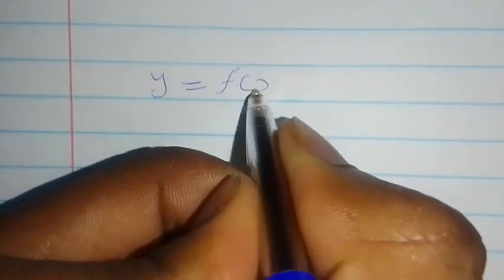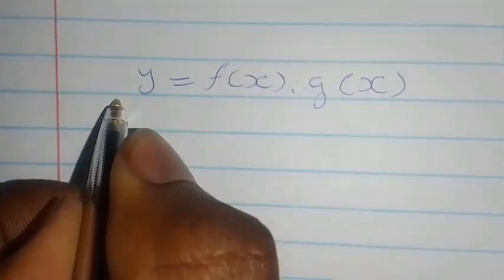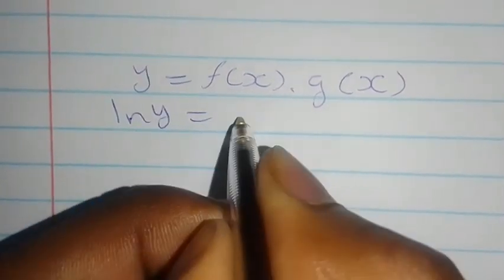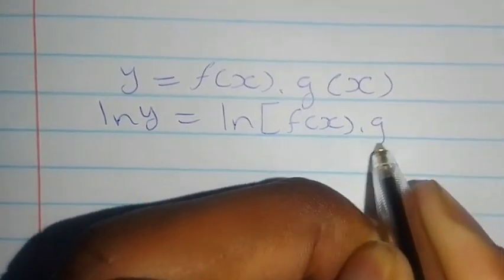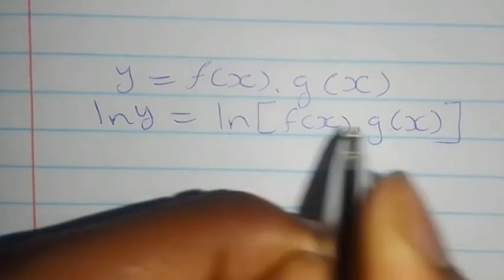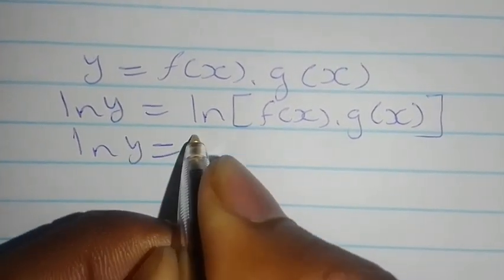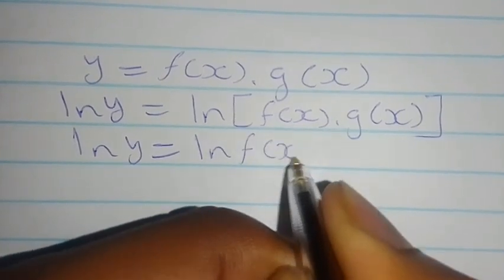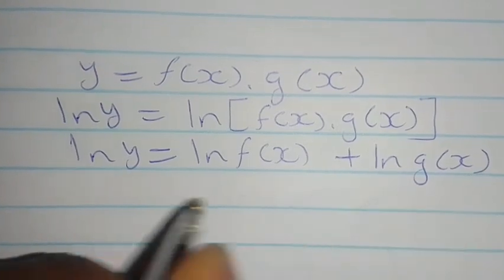Let's say I have y equals f of x times g of x. If I take the natural log here, I'll have the natural log of f of x times g of x. And this means that the natural log of y is the natural log of f of x plus the natural log of g of x.